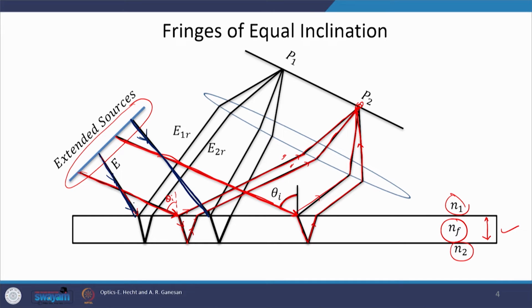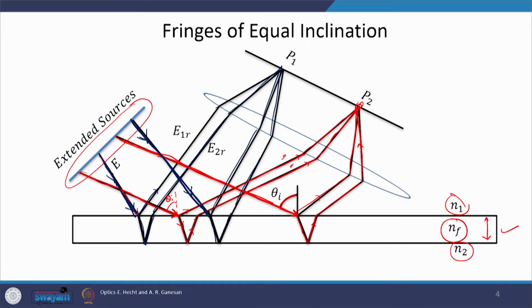They will again suffer reflection and transmission, and then they will converge to point P1 here. It means the angle of incidence decides where all these rays will go. The rays which are falling at the same angle are getting converged to a fixed point on the screen.